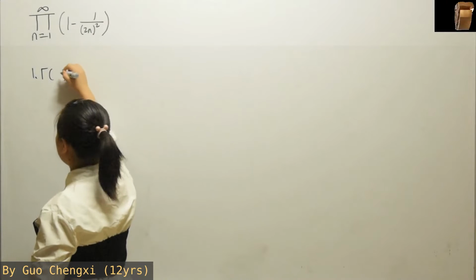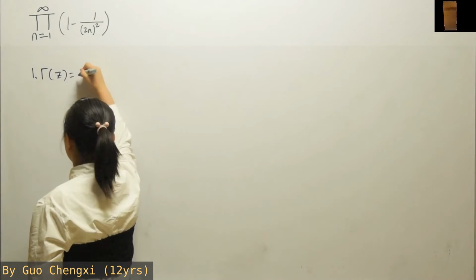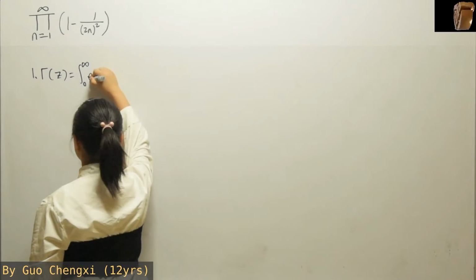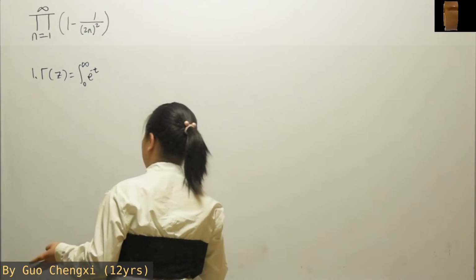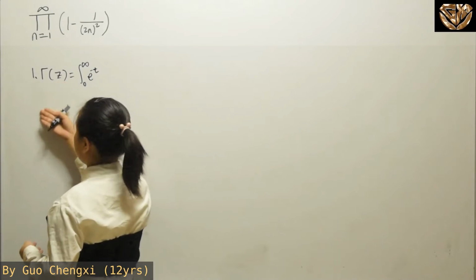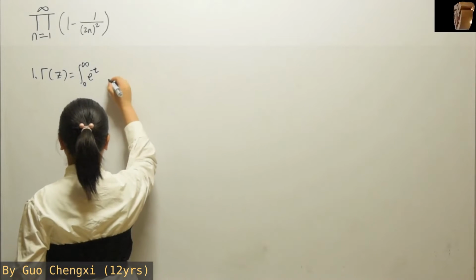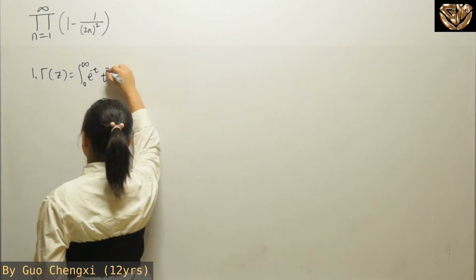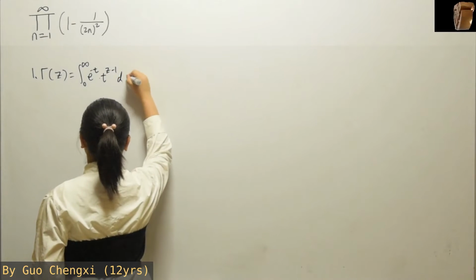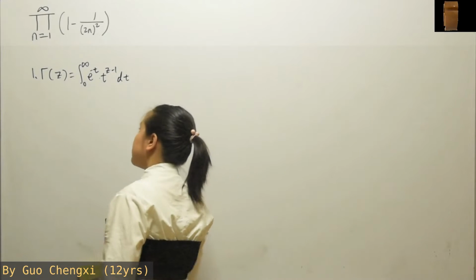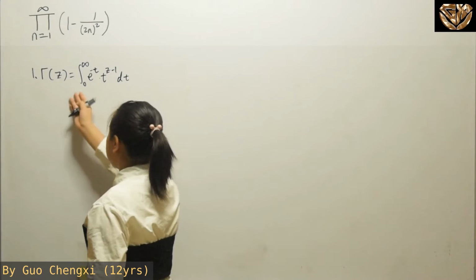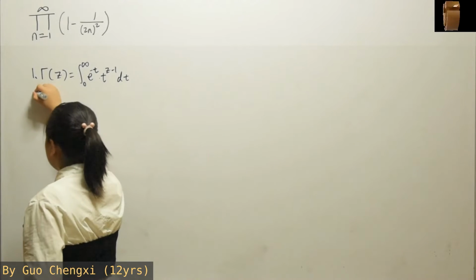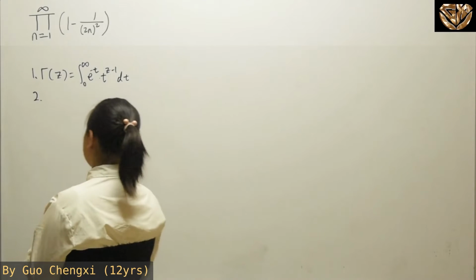You can take any single letter here, like Z, and then the definition is the integral from 0 to infinity of e to the power of negative t, times t to the power of z minus 1, dt. For this part, you can choose any letter, except for what you chose here, which is Z in this case.